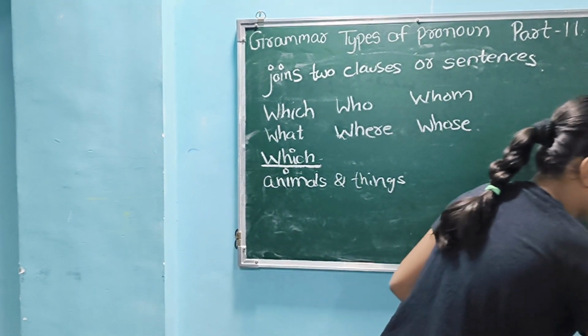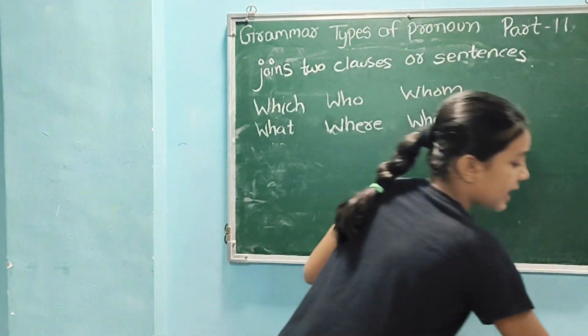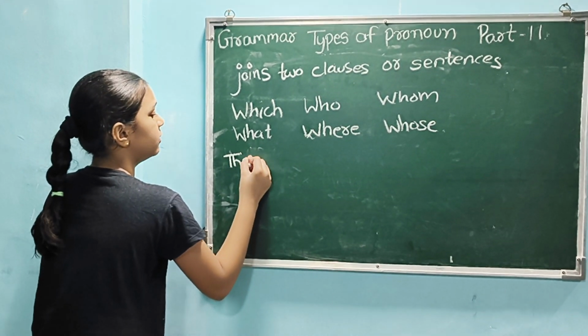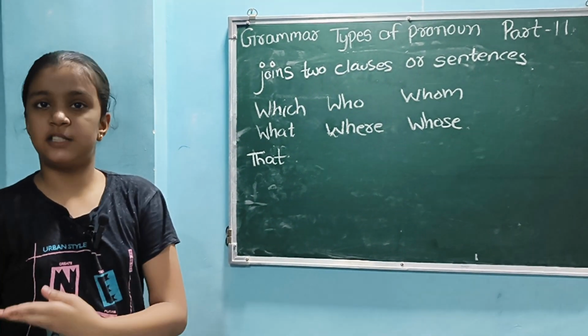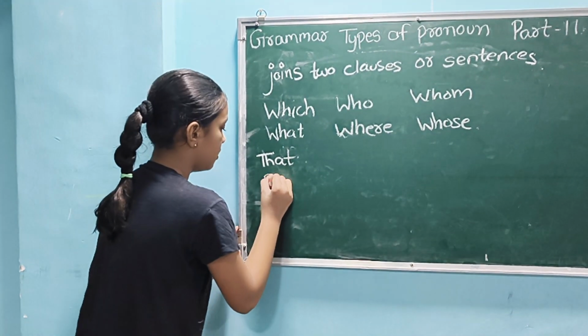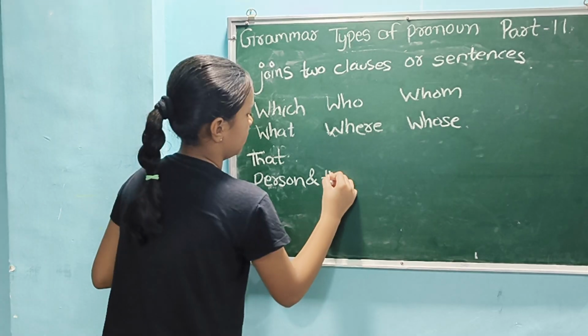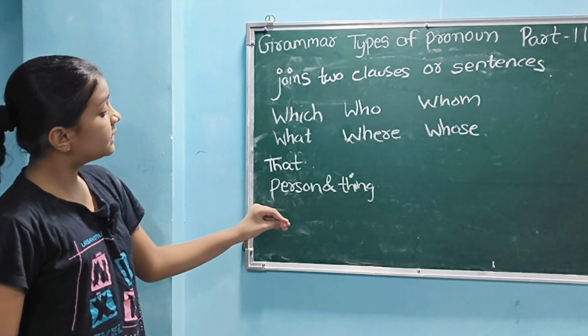Understood? So the next is that. So next pronoun is that. Understood? So that I will use for person and things both. Okay, I will use it for person and thing both.